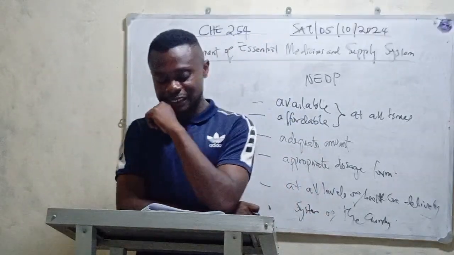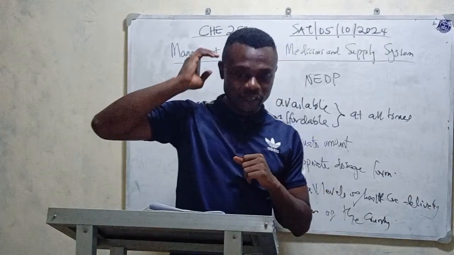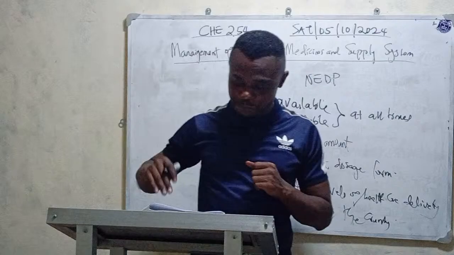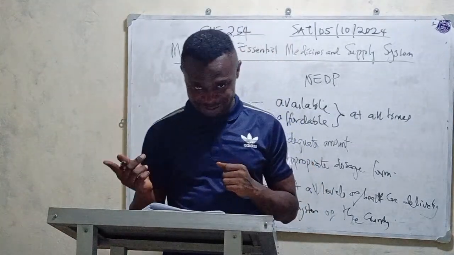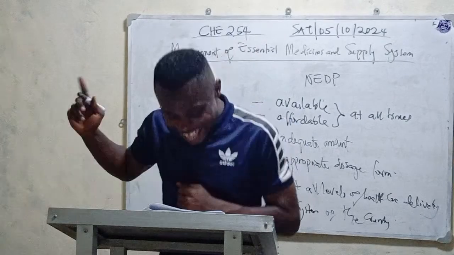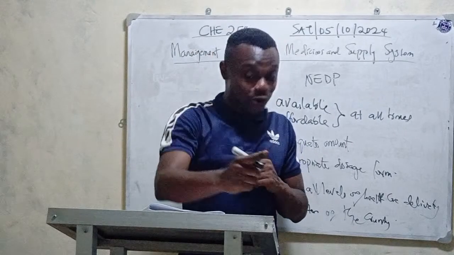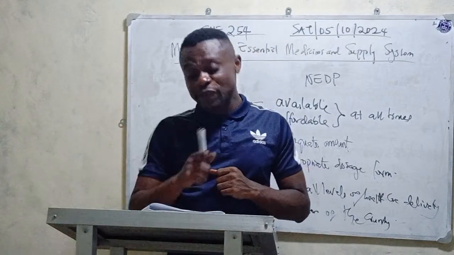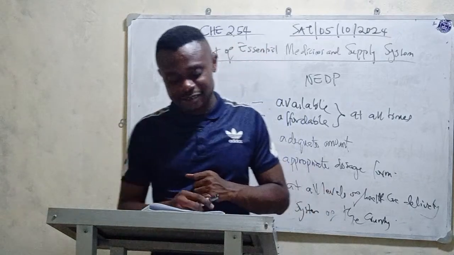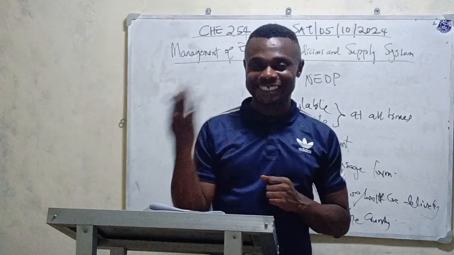What is supply system? We've talked about essential medicine and what to do for patients to have access to this medication. Now, any human being, any facility, any equipment that you employ to be able to discharge these duties in the program make up the supply.